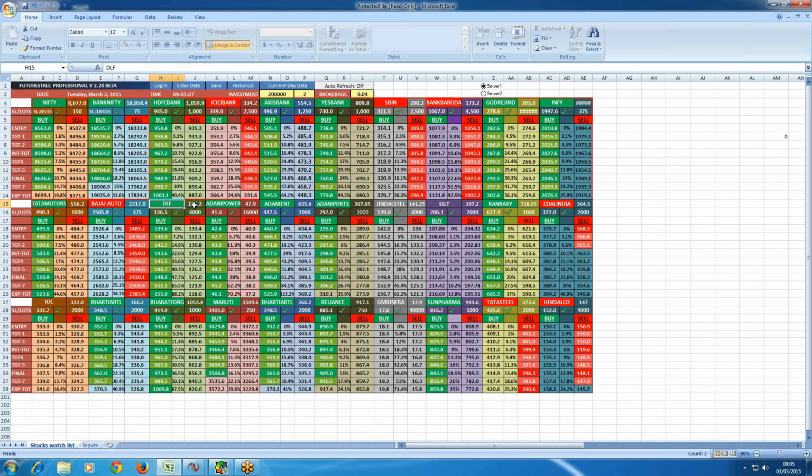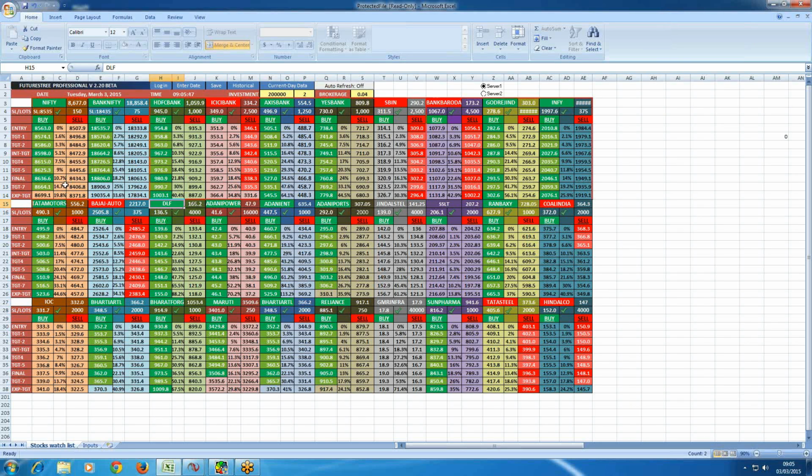So you will always need a seller also, a seller and a buyer. So if you are in different positions, make sure that you always have a person in that particular script for either buying or selling. So that becomes easier for you. Otherwise, you'll be stuck. You'll not be able to exit the trade.